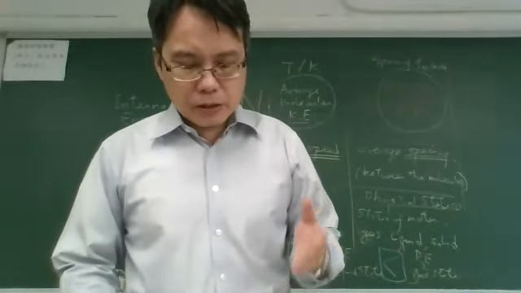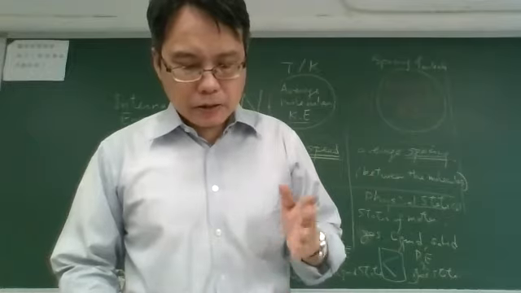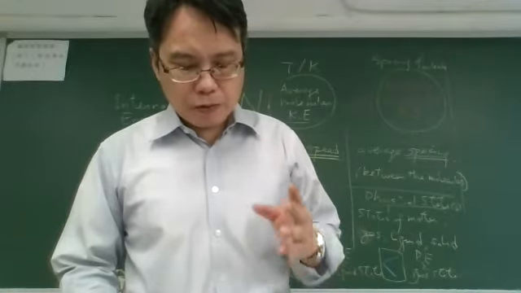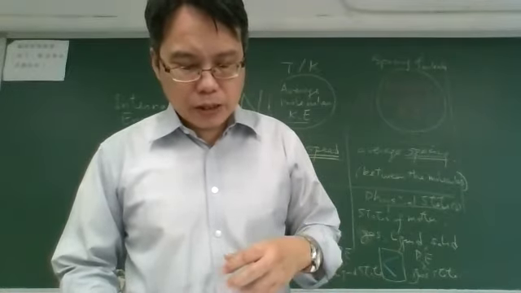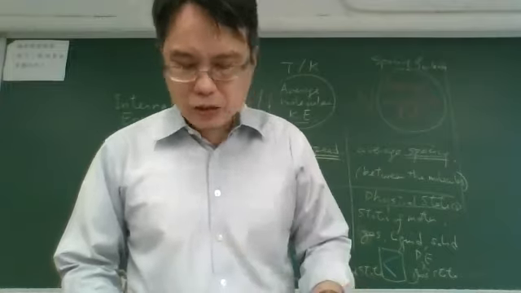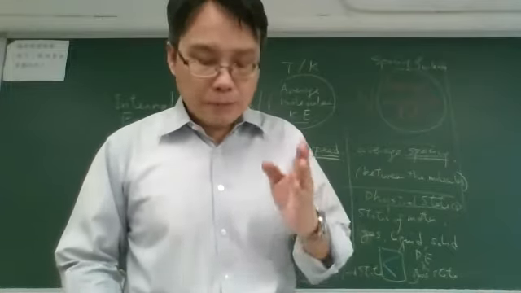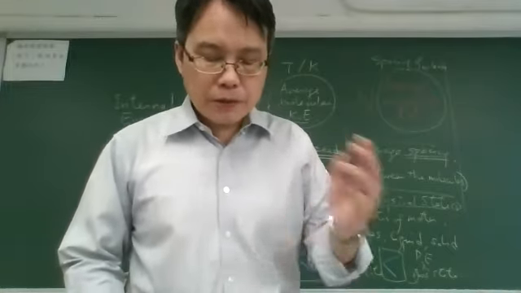The first statement is this: when two objects are in contact, there must be heat transfer from the object with more internal energy to the one with less internal energy. Some of you made a mistake here in the previous lesson.